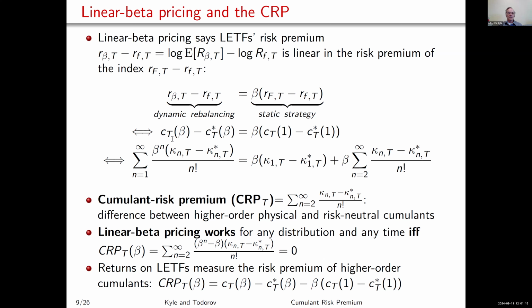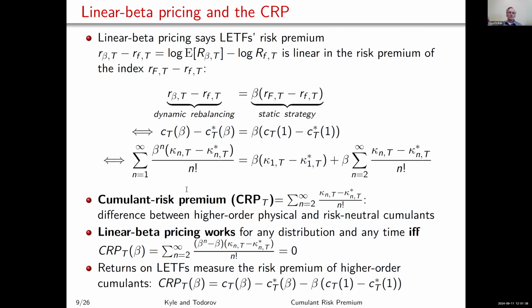That would mean if you take the cumulant generating function for this high beta, say 3x long strategy, and compare it with the beta equals 1 buy and hold return on the asset, linear beta pricing is going to say, well, multiply the risk premium by beta. But that ignores all these higher order cumulants.